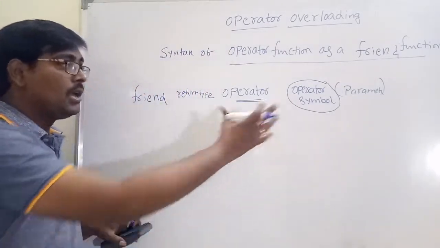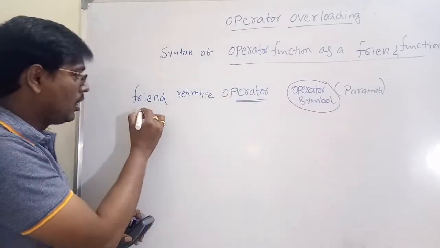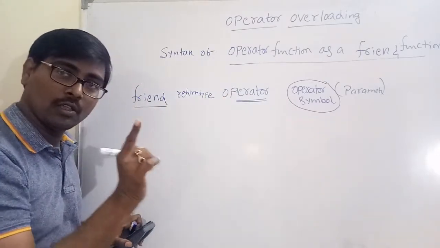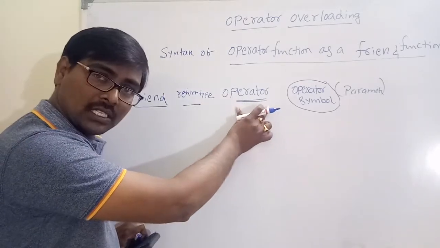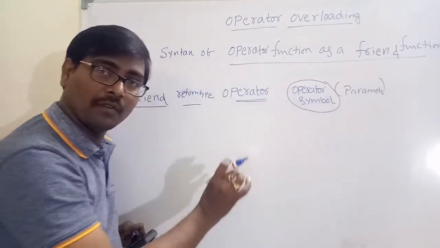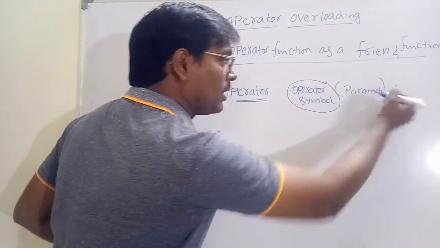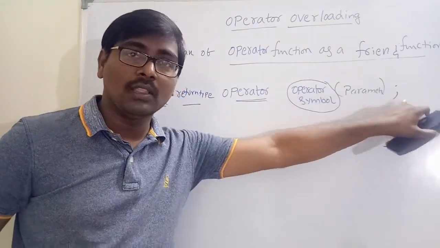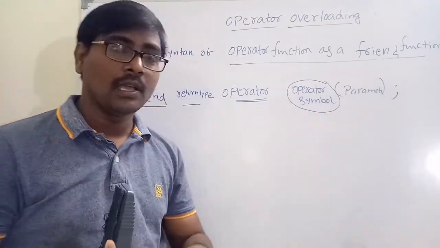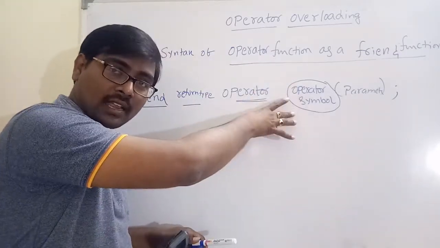Observe carefully: before the declaration, use the keyword friend. Then return type, operator is a keyword, the symbol on which we are performing the operation, and the different parameters, then a semicolon. Whenever we place a semicolon, that is a declaration. The friend function is declared inside the class.